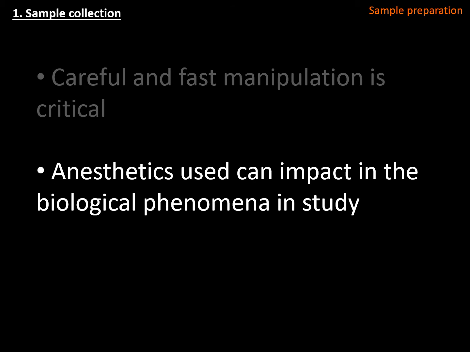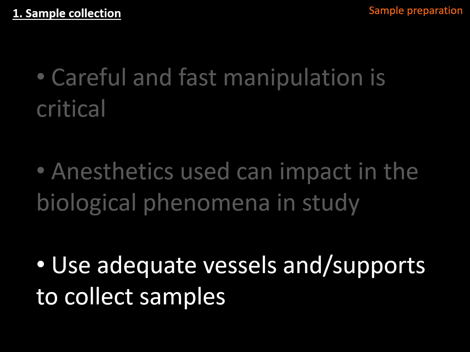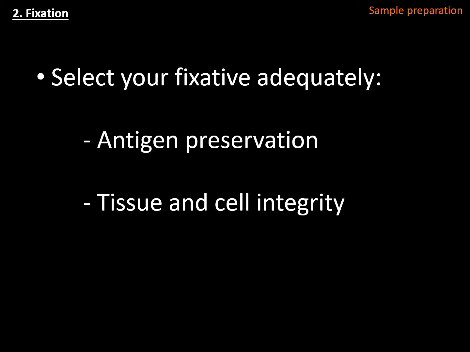As well, anesthetics that you normally have to use when dissecting tissues from animals can have a huge impact on the biological phenomenon that you want to study because they will change the physiological condition of the animal, and given the dynamics of that phenomenon can change dramatically the results that you are going to achieve. As well, the use of the adequate vessels and support to collect the samples is important.